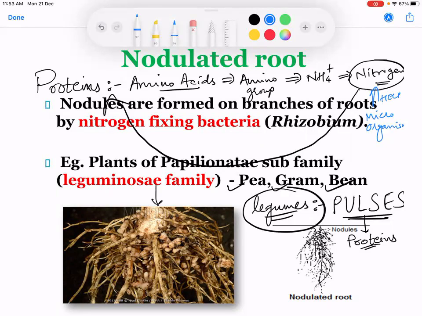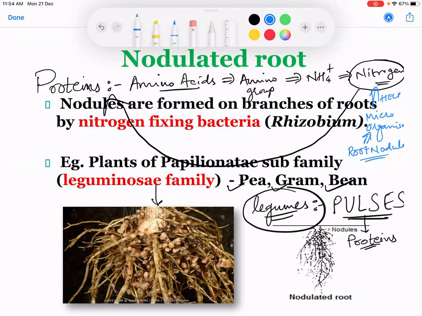To give the microorganisms a place to live, they have root nodules. Root nodules are the residence of the microorganisms. They live there, take nutrition from the plant, and as payment for that residence, they pay a charge of nitrogen.